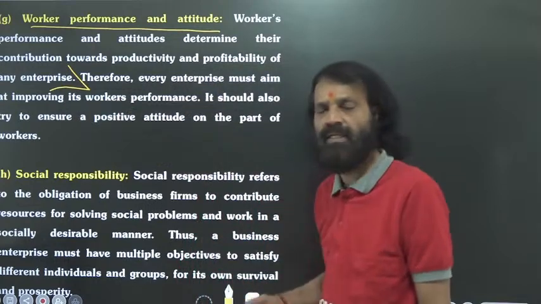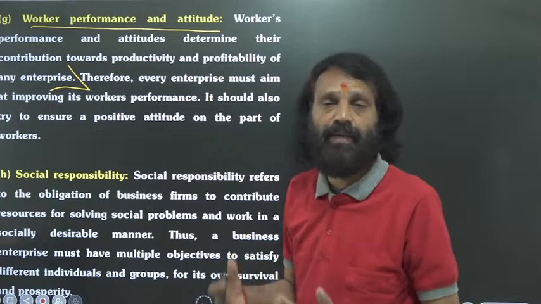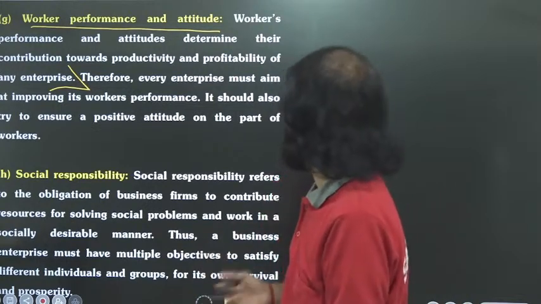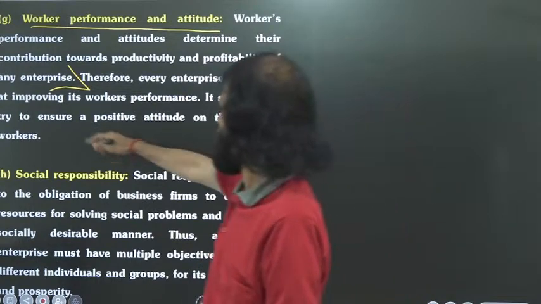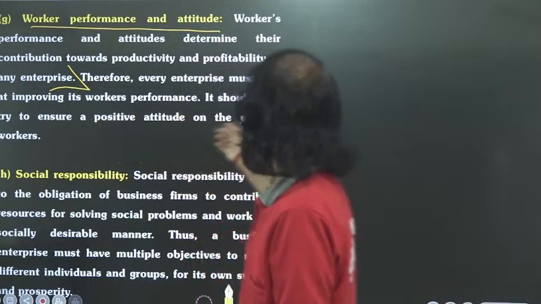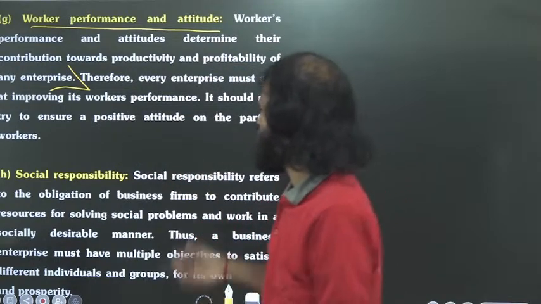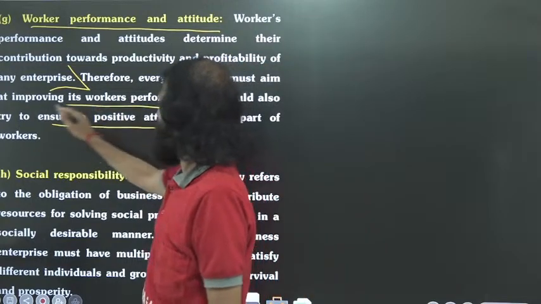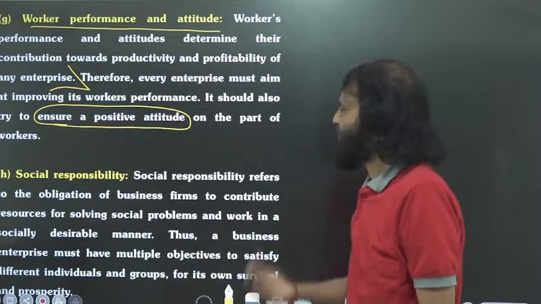That is why better organizations are spending more money on staff training. They want to increase the productivity of their staff. It should also try to ensure a positive attitude on the part of workers. Of course, the workers' attitude towards the customers and the other co-workers must be very positive.